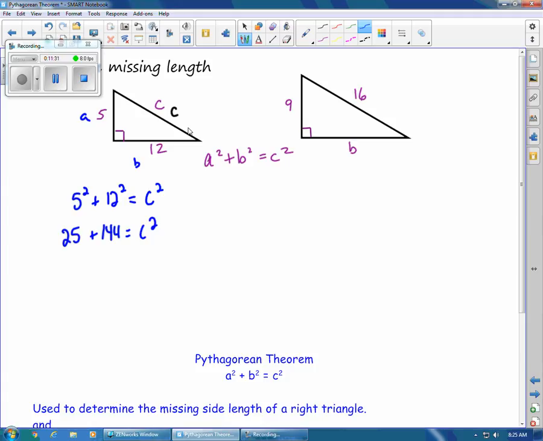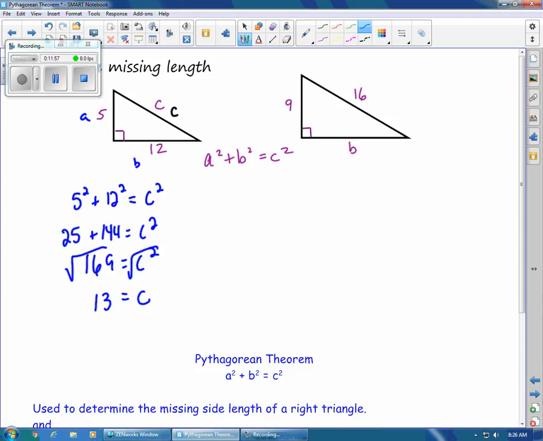I thought I had this worked out and I do not. It is 169. Take the square root of 169, and that's 13. So the C side of this triangle is 13.